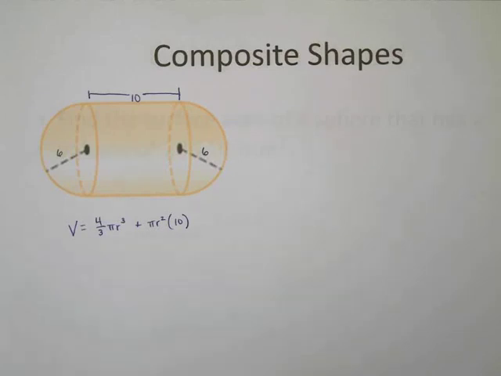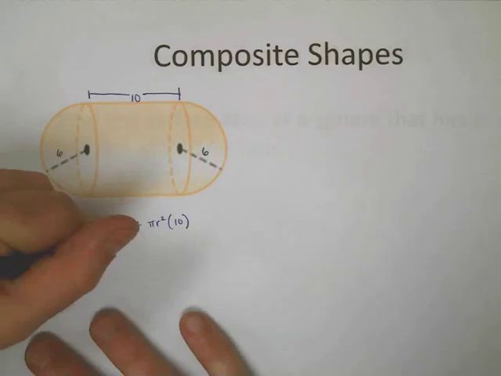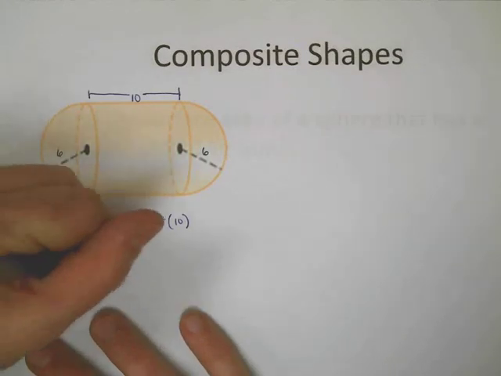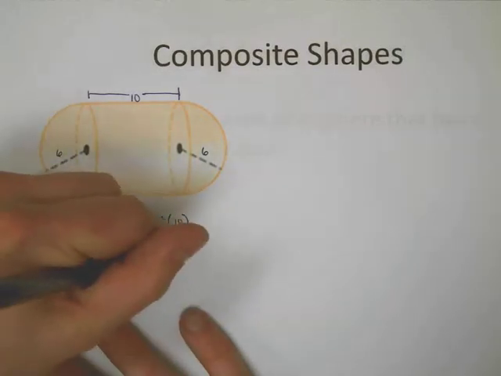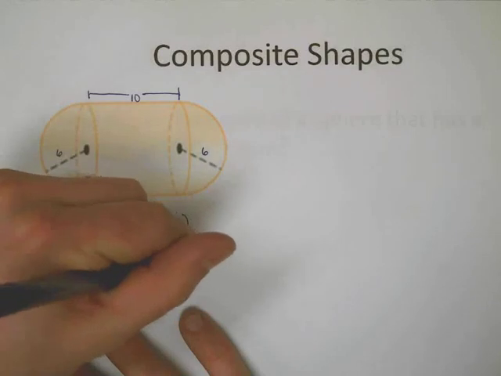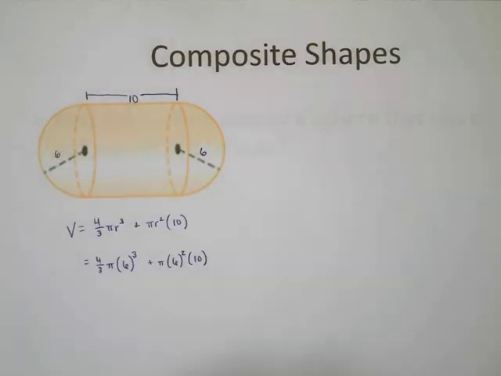All right, so now it's time to just put in the r. The r value is 6 here, right? So I have 4/3 pi times 6 cubed. Notice it's cubed, right? Plus pi times 6 squared times 10.